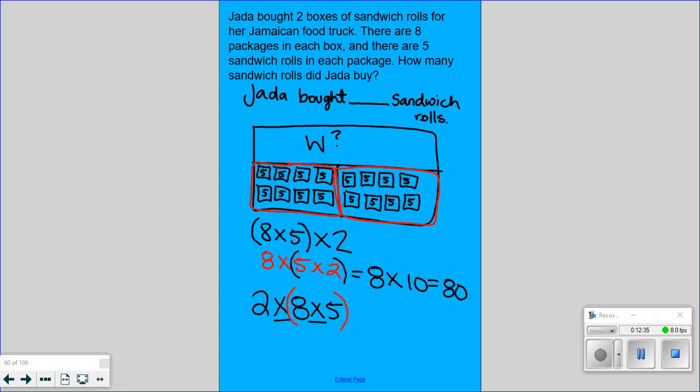You can use your fingers, you can use the clock. Eight groups of 5.